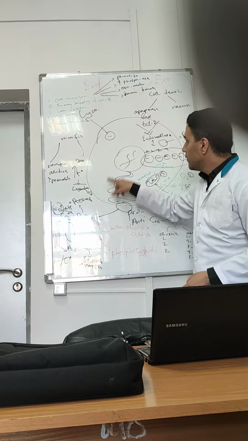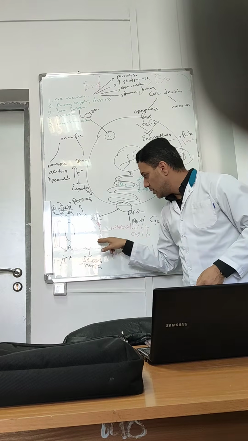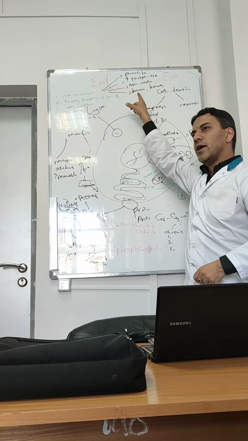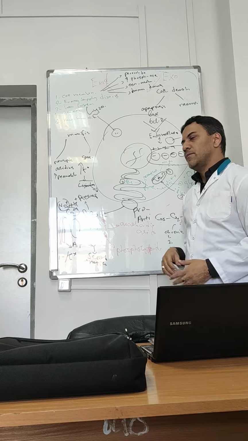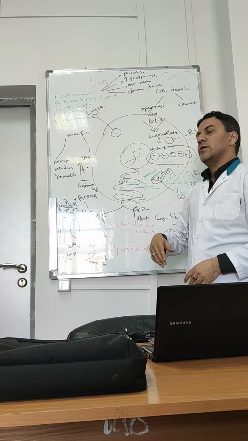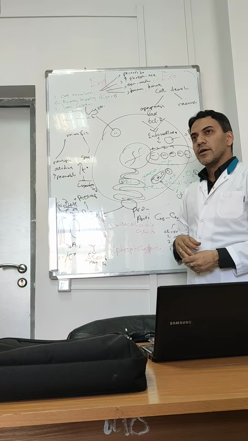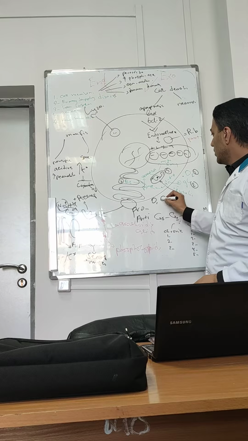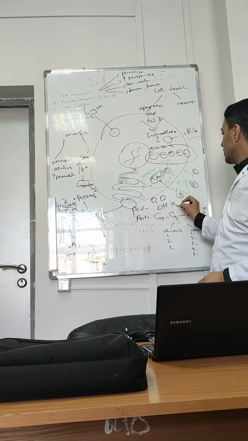Phospholipids have heads, and phospholipase can destroy these heads. How could phospholipase be activated or hyperactivated? Four or five causes. First is free radicals: O2, OH, H2O2.